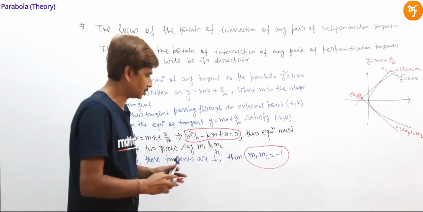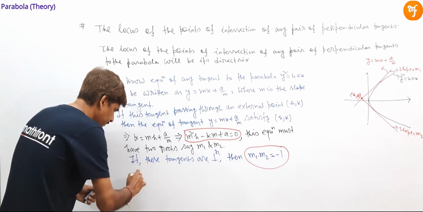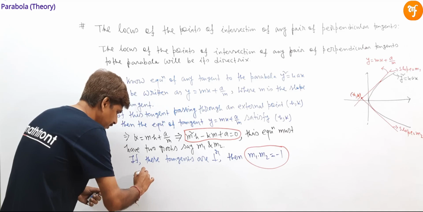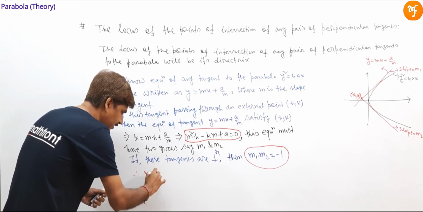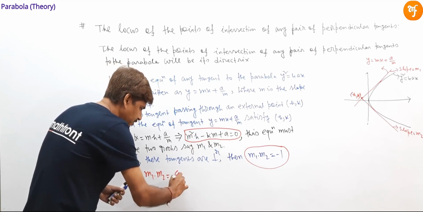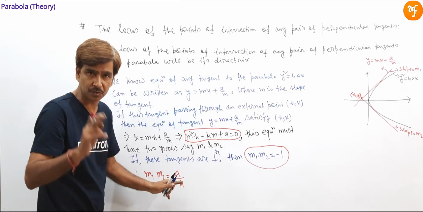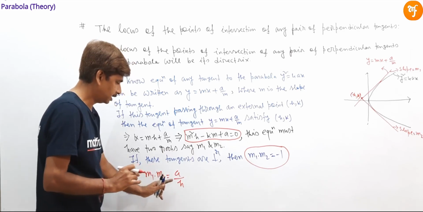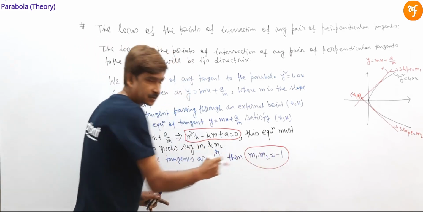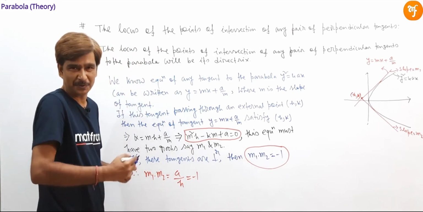So we can say, therefore, m1 into m2 is equal to a by h. Understand? From this equation, as this equation has two roots m1 and m2, and this is equal to minus 1, so what can we say?